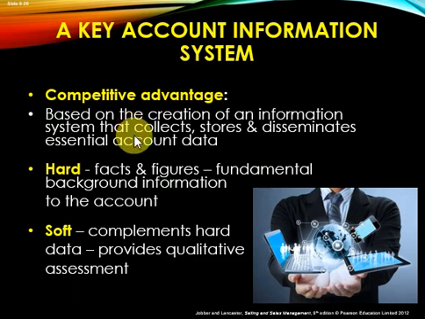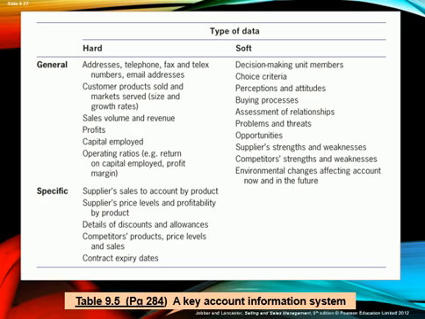That includes hard and soft data. We'll be looking at a diagram on the next slide that will differentiate between hard and soft data and what specific data is managed by such an information system.